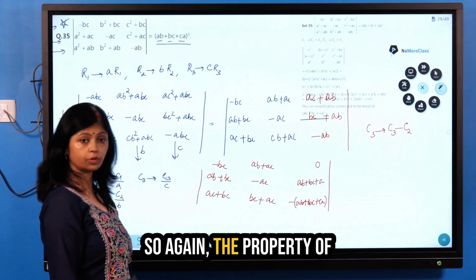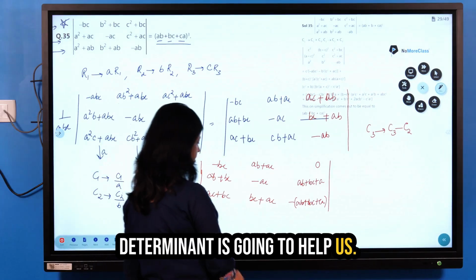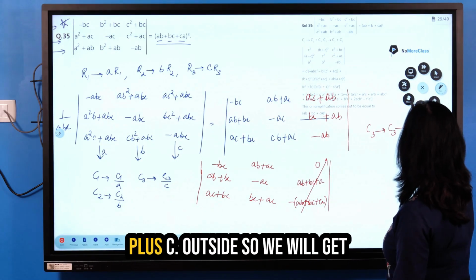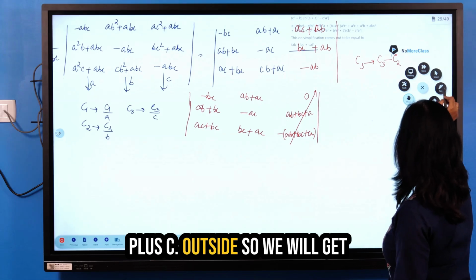Okay, so again, the property of determinant is going to help us. From here, we can factor out AB plus BC plus CA outside.